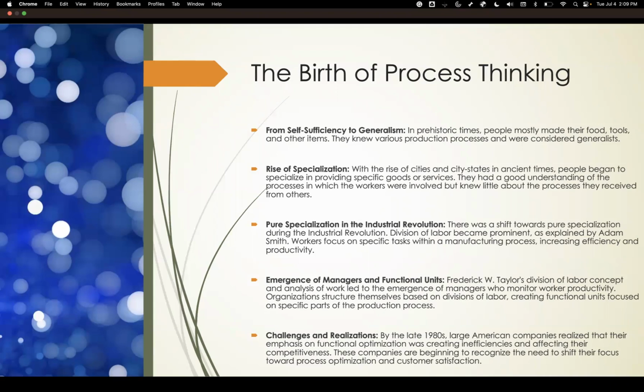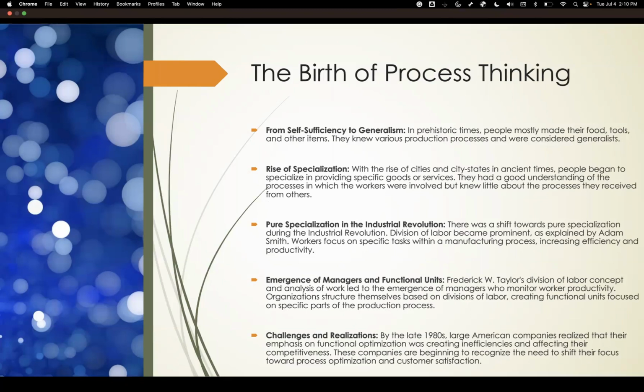Challenges and realization. By the late 1980s, large American companies realized that their emphasis on functional optimization was creating inefficiencies and affecting their competitiveness.